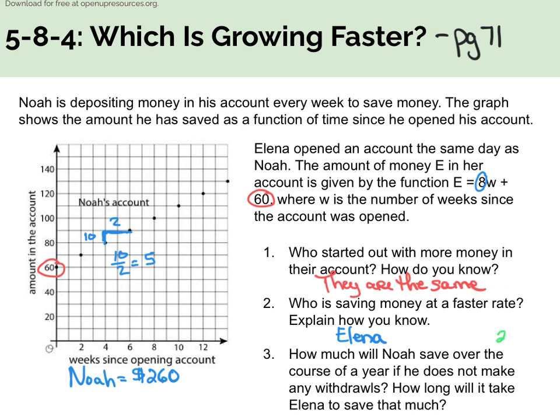So 260 divided by 8 is 32.50. But are we talking about weeks? Can we have half a week? No. So it's going to take her 33 weeks to have that same amount, which is $260.